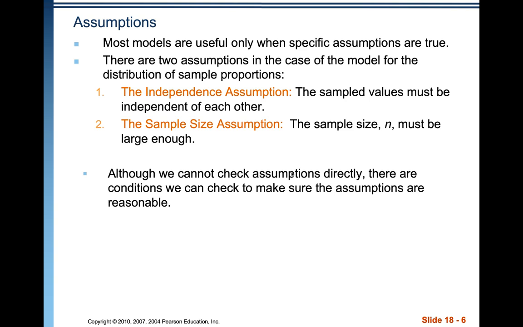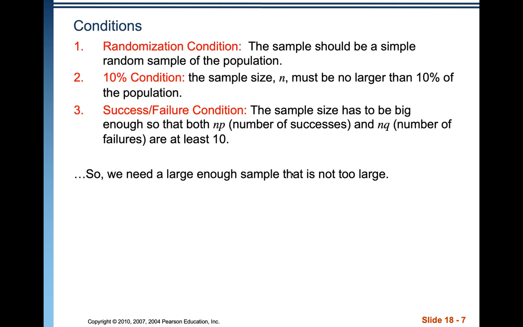And the sample size assumption is that the sample size has to be large enough. Well, we can't check these explicitly, so we have to check corresponding conditions. Now, the independence assumption is checked by the first 2 conditions, and then making sure that the sample size is large enough is checked by the 3rd condition.